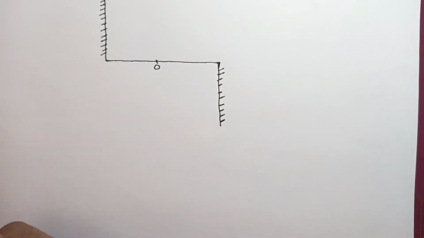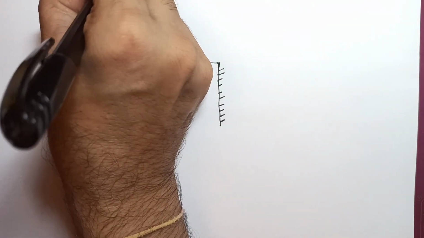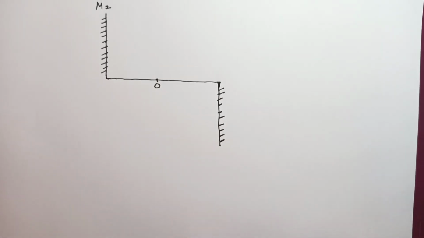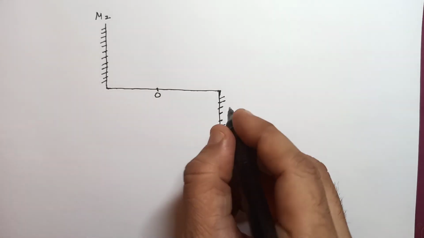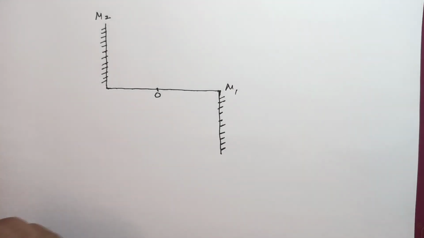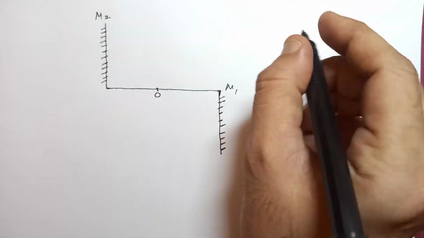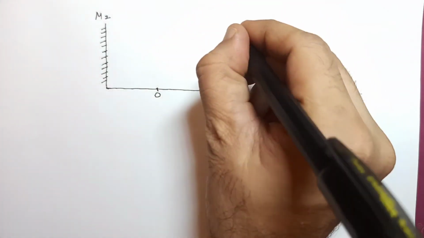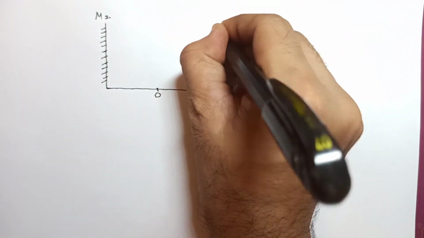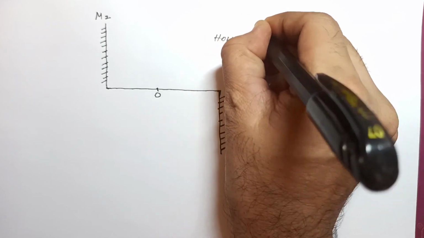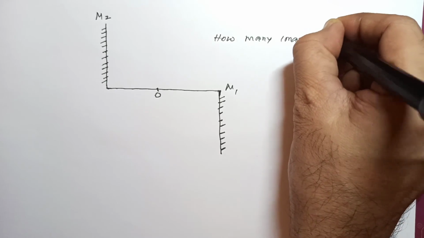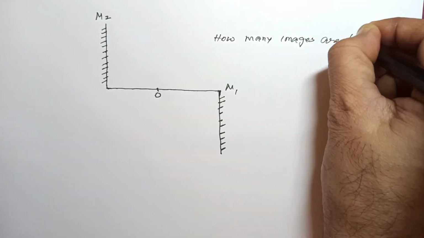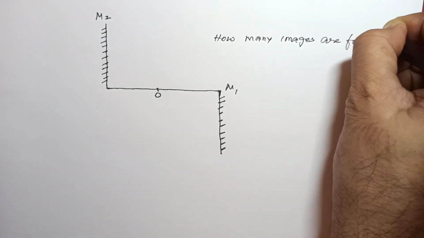This is mirror number 2 and this is mirror number 1. Now the question is, how many images are formed here?